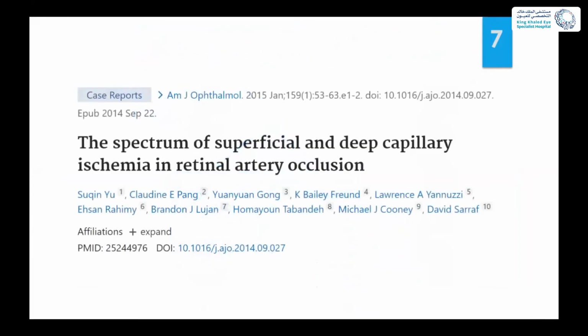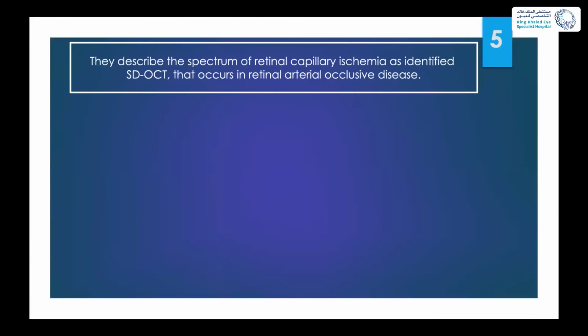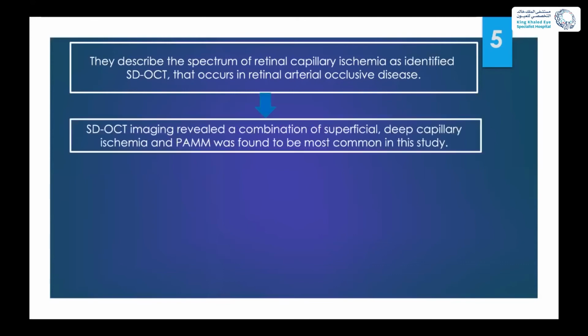In this one study, they describe the spectrum of superficial and deep capillary ischemia in patients with retinal artery occlusion, similar to our patient. They describe the spectrum of ischemia as identified by OCT that occurs in retinal artery occlusive disease.